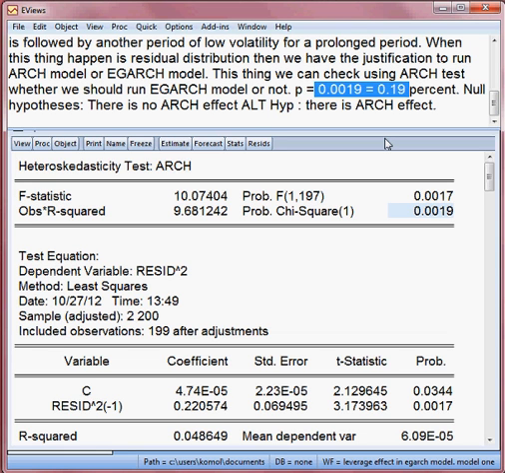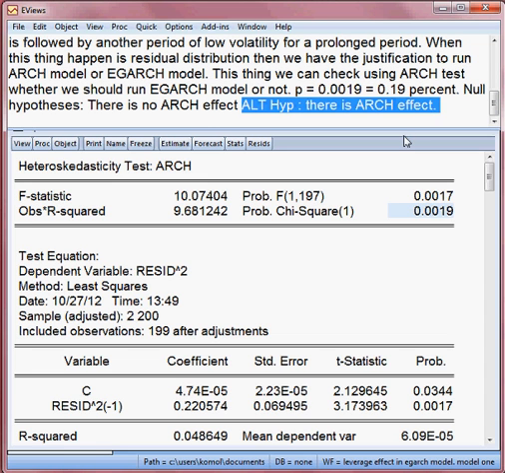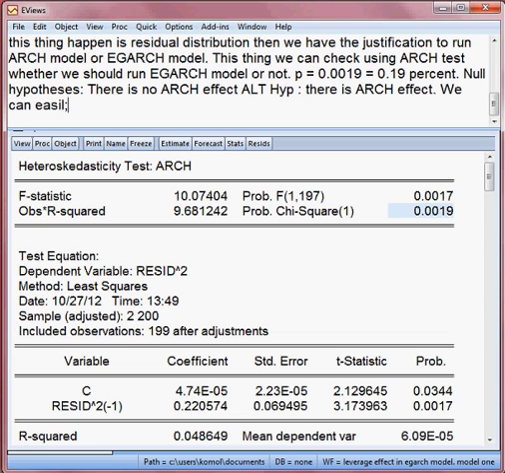So we can easily reject the null hypothesis and accept the alternative hypothesis, meaning that there is an arch effect. So our model has an arch effect, so we can easily run the arch model, and that we shall be doing now.